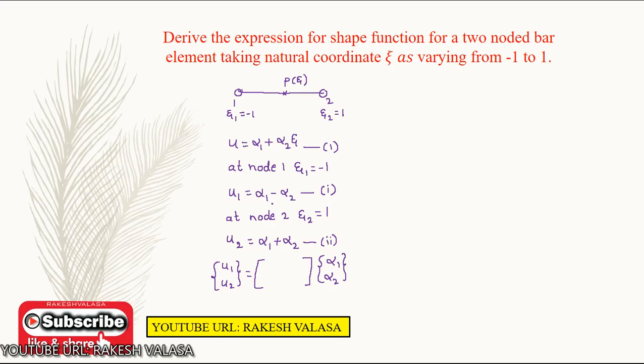If you multiply this matrix, you get u1 equal to 1 into alpha 1 minus 1 into alpha 2, that is equation 1. The second one is u2 equal to 1 into alpha 1 plus 1 into alpha 2. From this, the unknowns are alpha 1 and alpha 2.